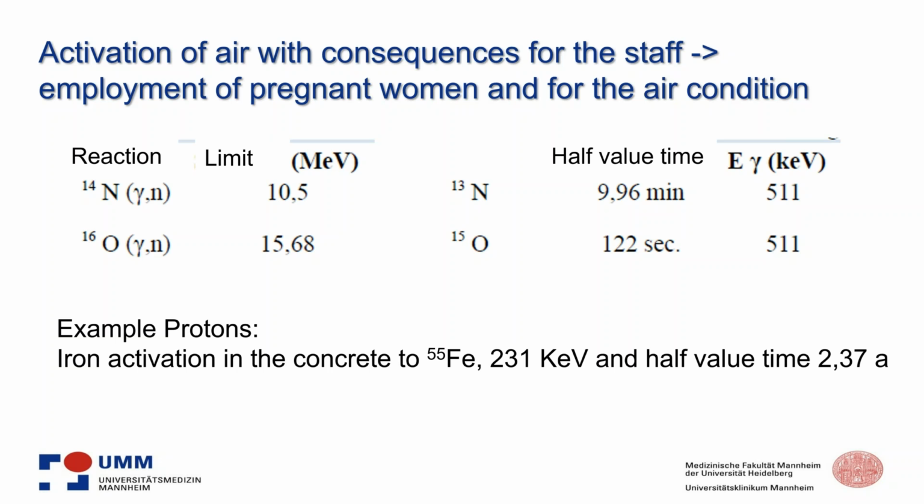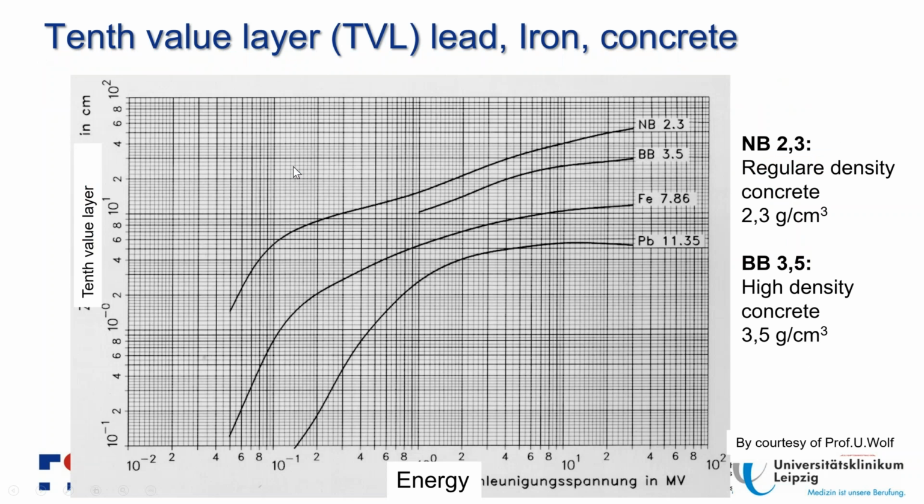So this has to do with what's happening after the operation of a proton unit, what's happening with parts of the treatment room if you have such a relatively high energy left for two or 3 years. Yeah. Next one.